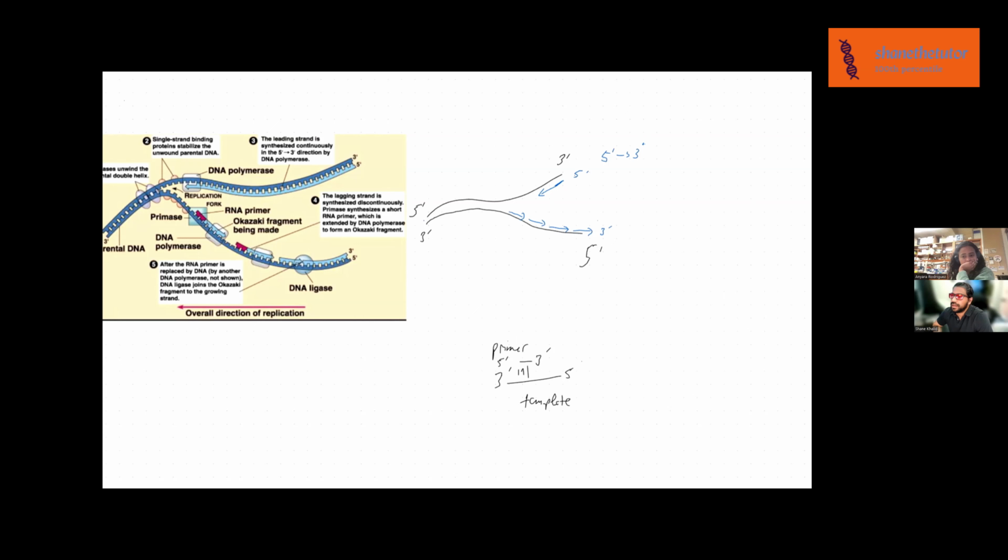That's when the RNA primers are inserted, and then the polymerase can attach DNA after that, and those are called Okazaki fragments. And then the last part involves removing that RNA primer and replacing it with DNA. Yeah. So it's normally RNA primers.